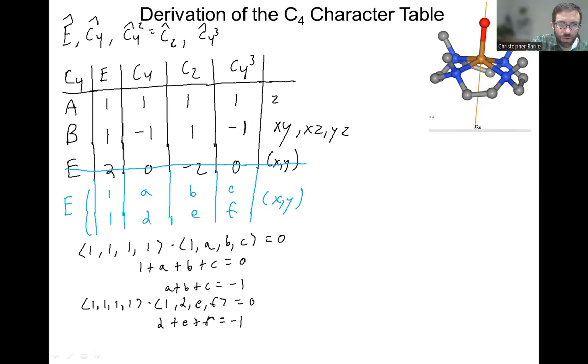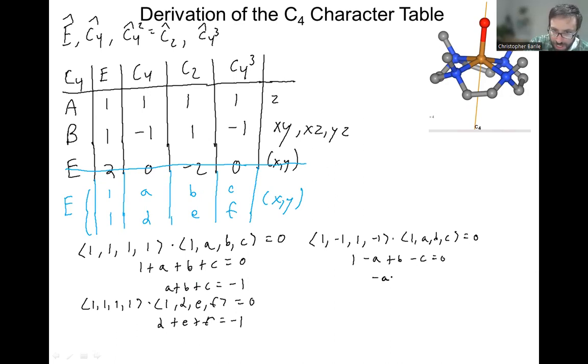And then we also know that the E vector components have to be orthogonal with B. And so we can write two further relationships, which is 1, -1, 1, -1, dotted with 1, A, B, C, also has to be orthogonal. So that relationship is going to get us that 1 times 1 plus -1 times A, which is -A, plus 1 times B, plus -1 times C, which is -C, has to be equal to 0.